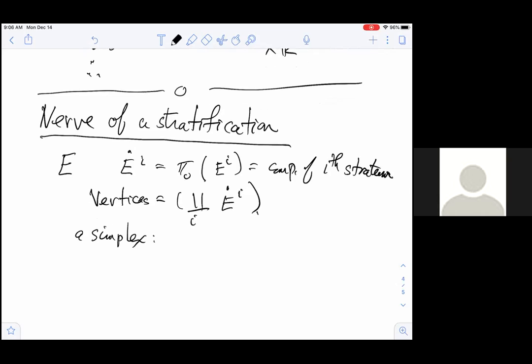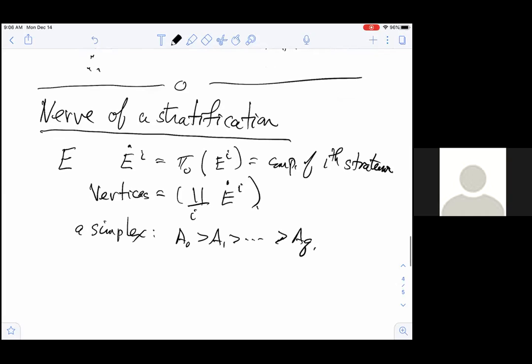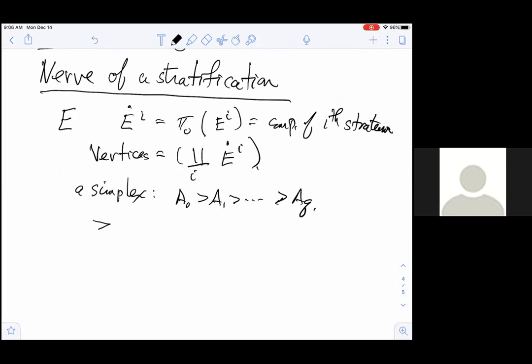So a simplex will have vertices A0, A1, ..., AQ. This will be a Q simplex, where this partial order is given by B is less than or equal to A if and only if B is in the closure of A.